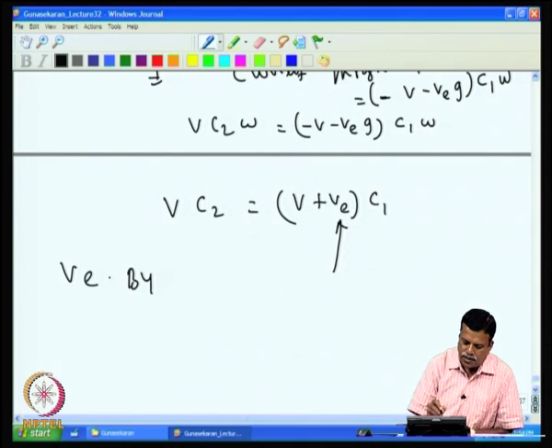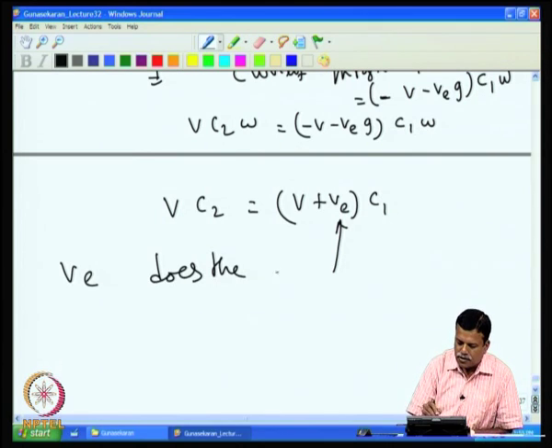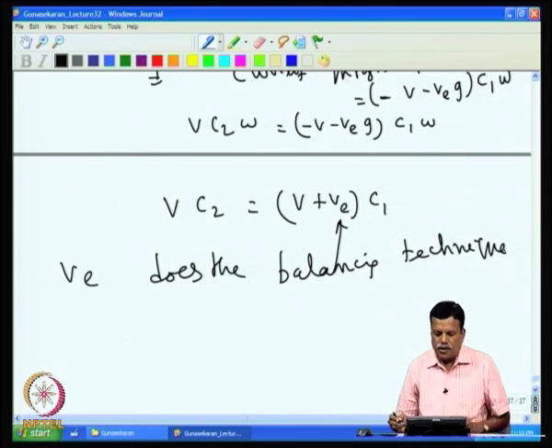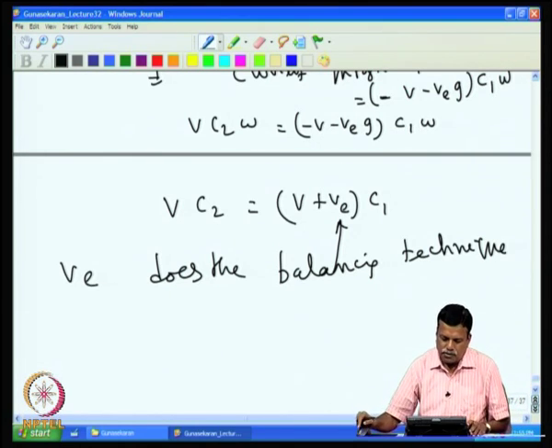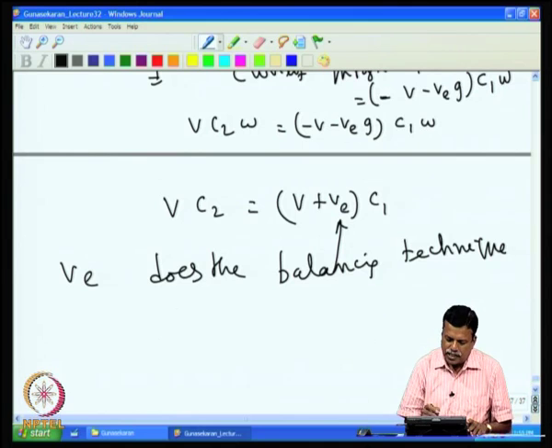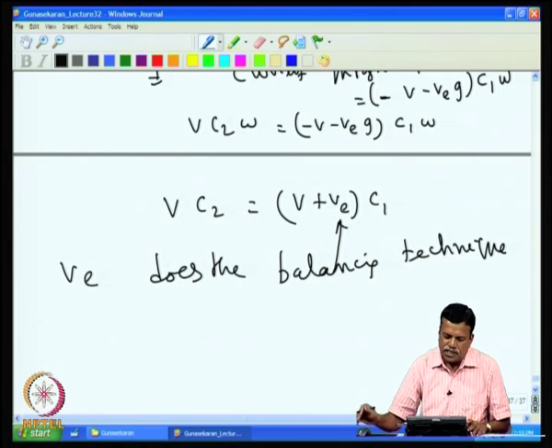VE does the balancing technique. So, by this, the bridge is getting balanced.